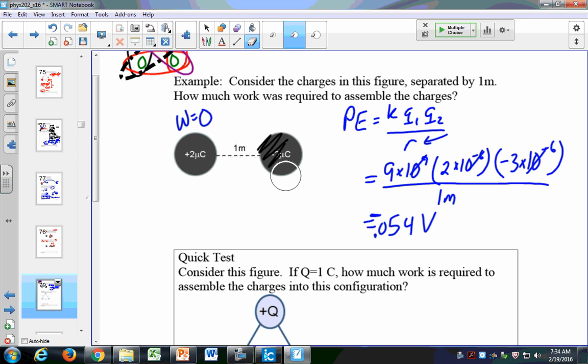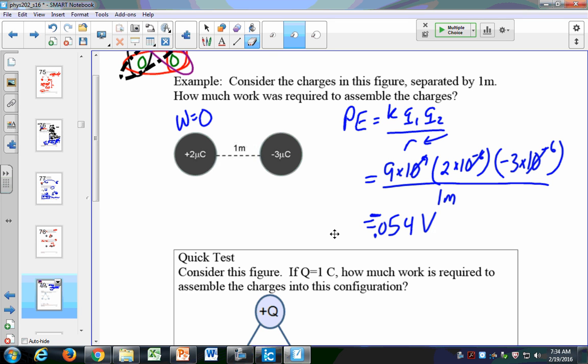Now, I have this 2 microcoulomb charge in place, and now I have this second charge, and I want to put it into this position. So imagine that I have this 3 microcoulomb charge over here, an infinite distance away, where the potential at R equal to infinity is what? It's equal to 0. That's our reference point.